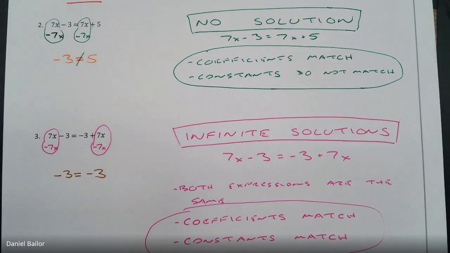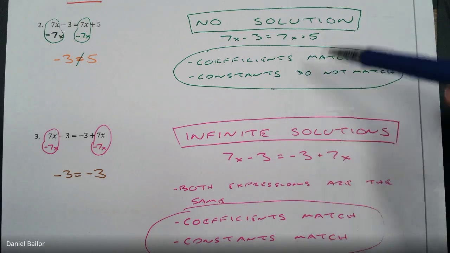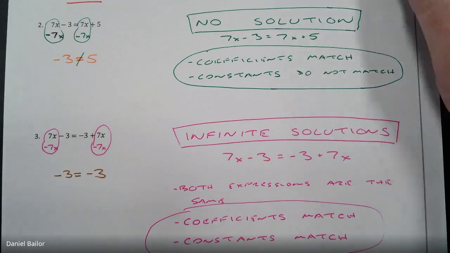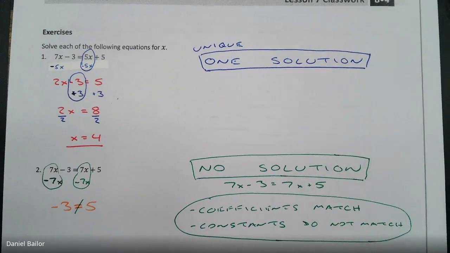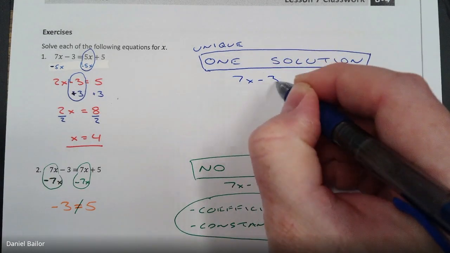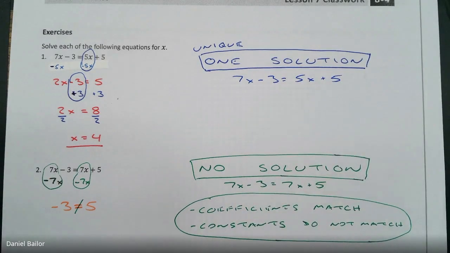We just look at the coefficients, we look at the constants, and that tells us if it's no solution or infinite solution. But how do we know, going back up to the top, if just by looking there is a unique one solution? Well, this example equation looked like this: 7x minus 3 equals 5x plus 5.